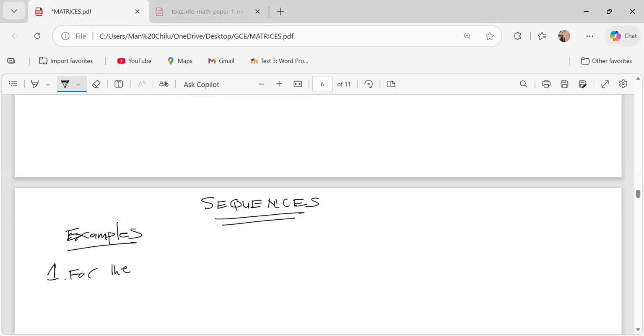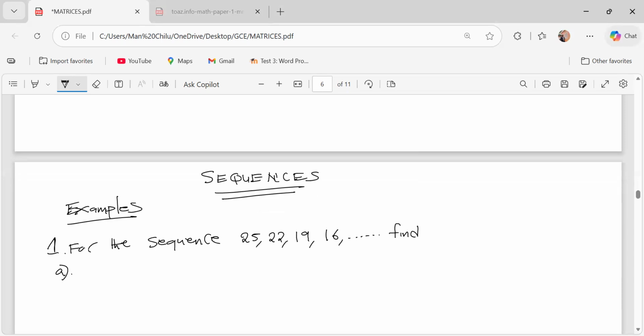for the sequence 25, 22, 19, 16, find a formula for the nth term.